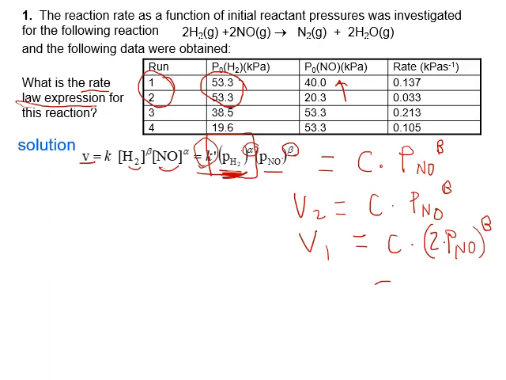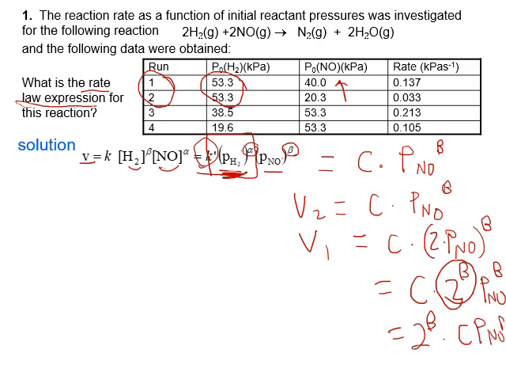That will give you C times 2 to the beta's power times P_NO to the beta. You can also move this out: 2 to the beta times C P_NO to the beta, and this is just the rate for run number 2, so V2.